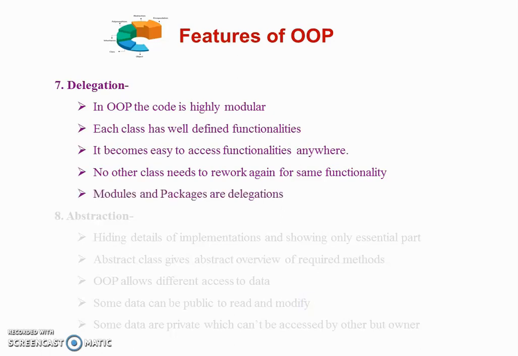Modules and packages are delegations in Python. So to use the code again and again, that is, to use the reusability functionality, is known as delegation. Modules and packages are the best examples of delegation.